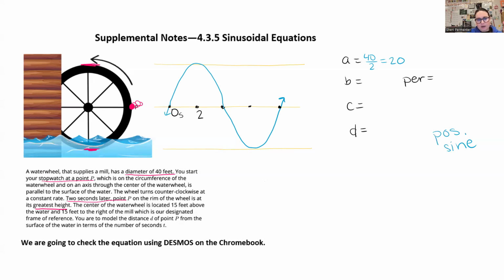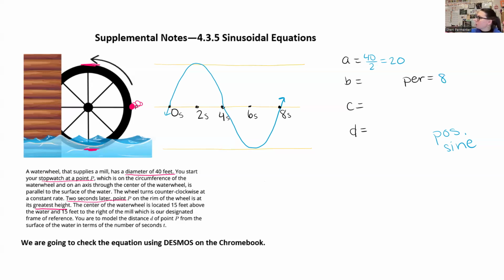I could continue that on. It looks like every critical point comes at another 2 seconds. So then we've got 4, 6, and 8. Can you tell me what the period was? 8 seconds. So it takes 8 seconds to make this full rotation.